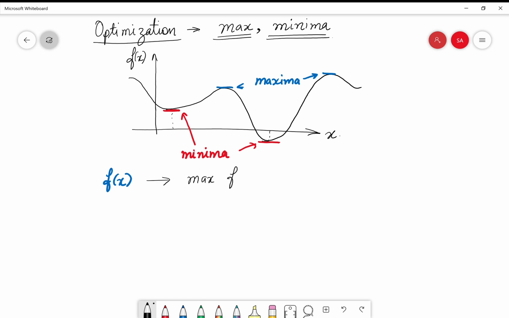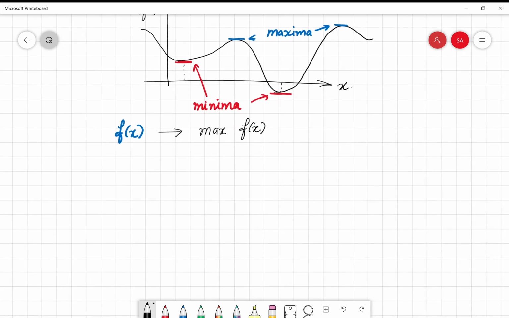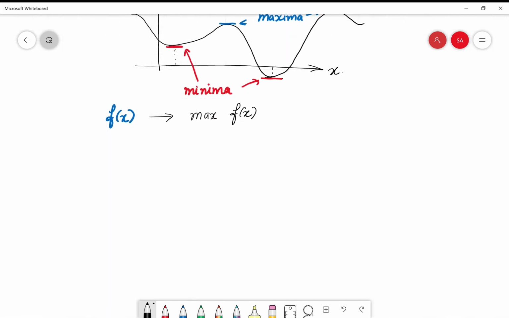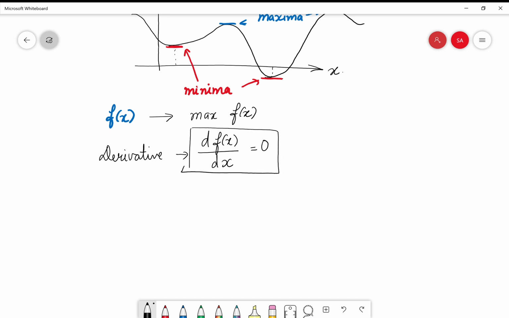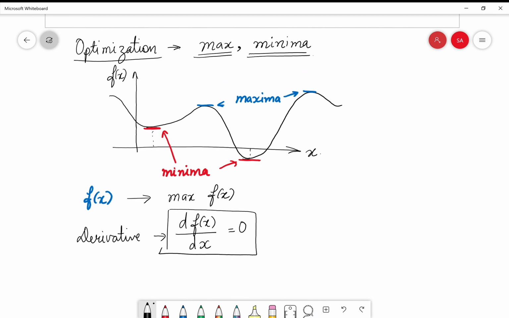You took the derivative, df(x)/dx, and equated it to 0. The derivative means you want to figure out those points where the derivative is 0. These are the points you get by solving this equation.